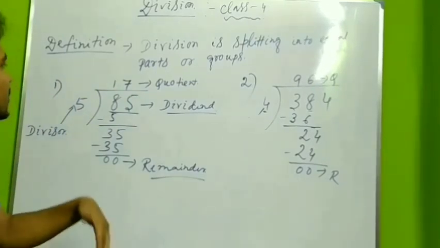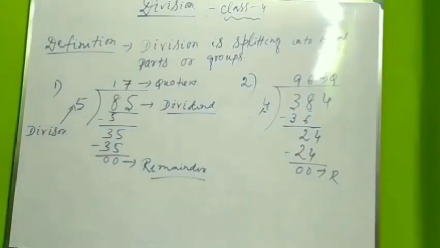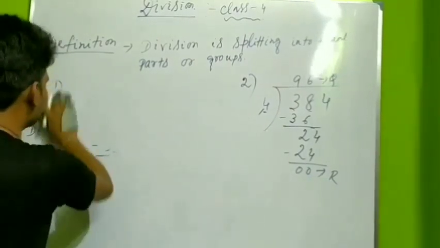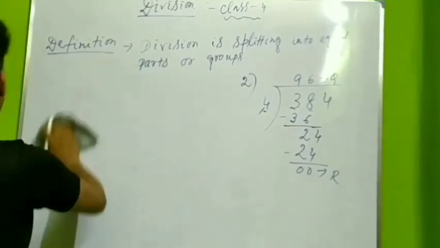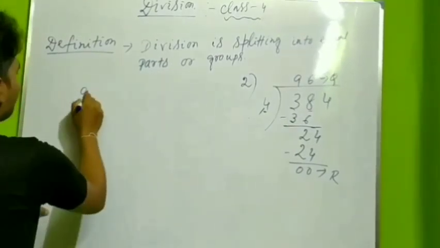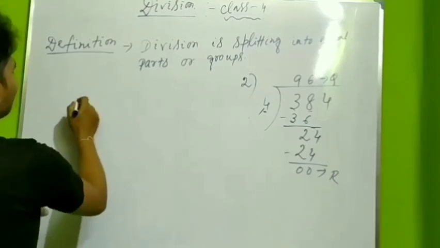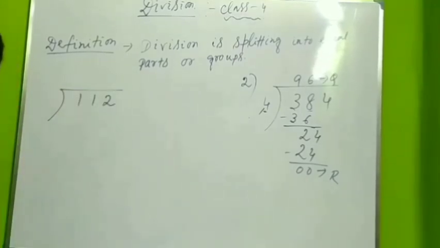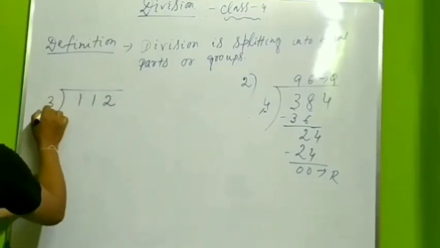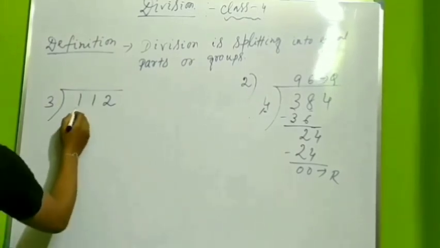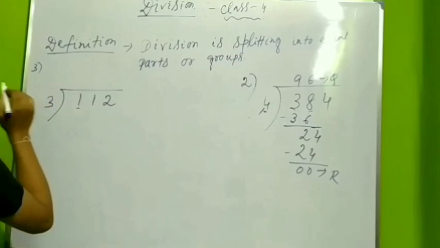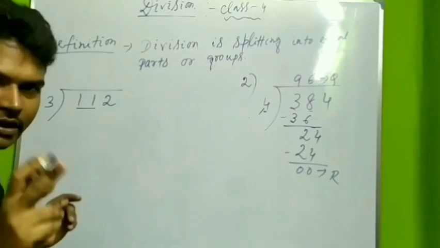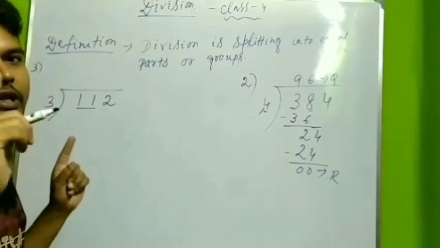Okay, let's see one more example. 112 divided by 3. So let's see. As 1 is smaller than 3, we have to take 2 digits. Always remember this: when we take a single digit and when we take a double digit.